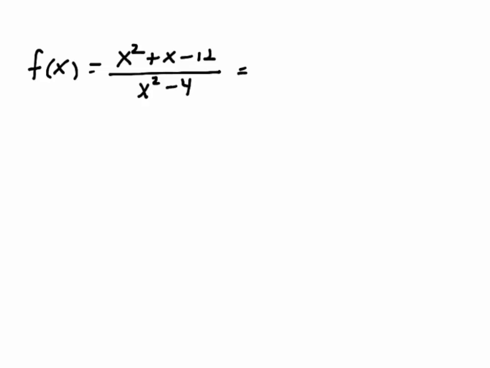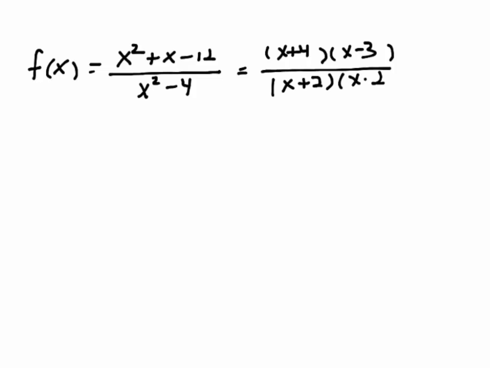Okay, just for now, I'm going to factor those out for us because we'll be glad we did that a little later in the problem. So the numerator becomes x plus 4 times x minus 3 when I factor it, and the denominator is a difference of squares, so that's going to factor out to x plus 2 times x minus 2.